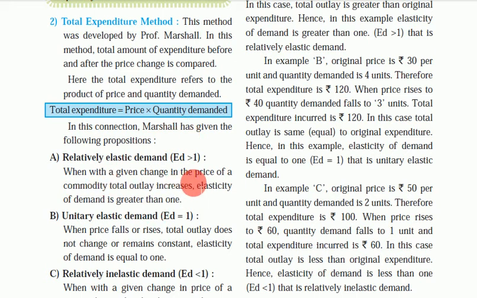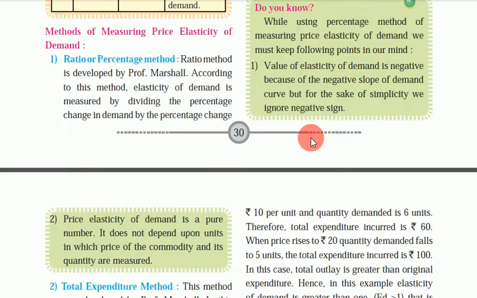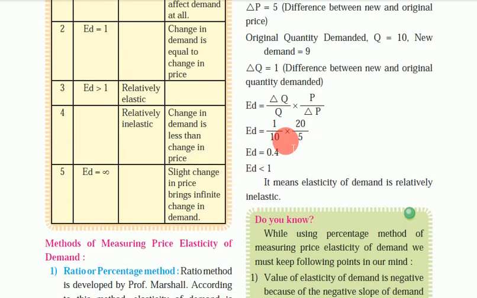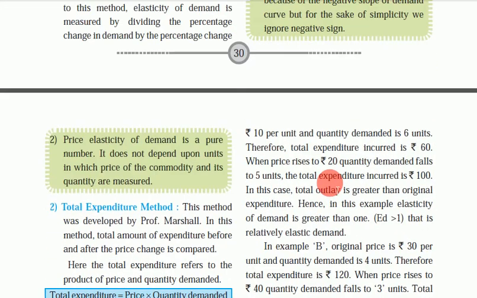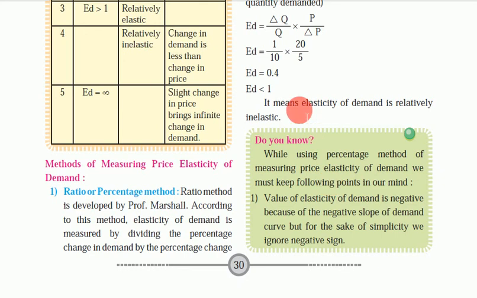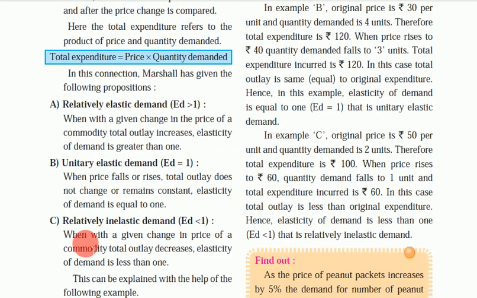First, relatively elastic demand. When the elasticity of demand is greater than 1, it means, as you can see in the previous example, the answer was 0.4, which is less than 1. When we get an answer less than 1, that means the demand is relatively inelastic.